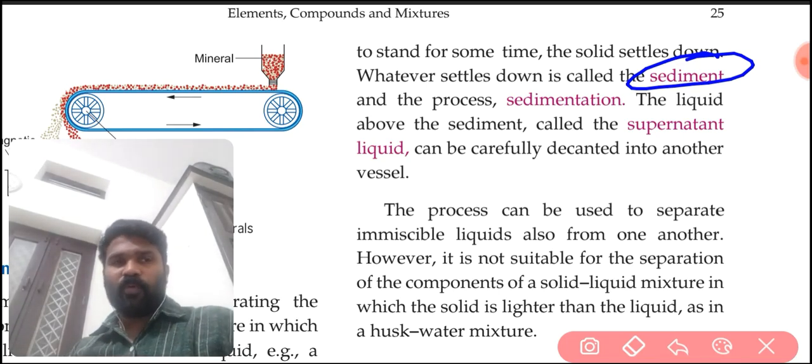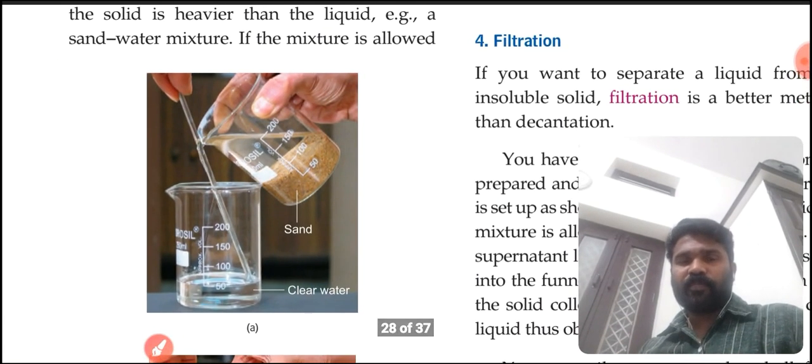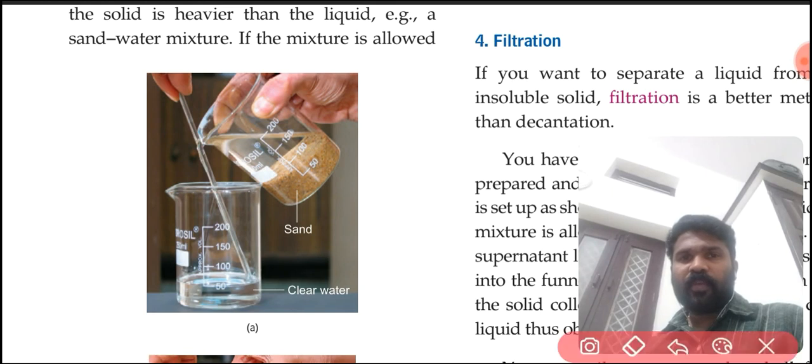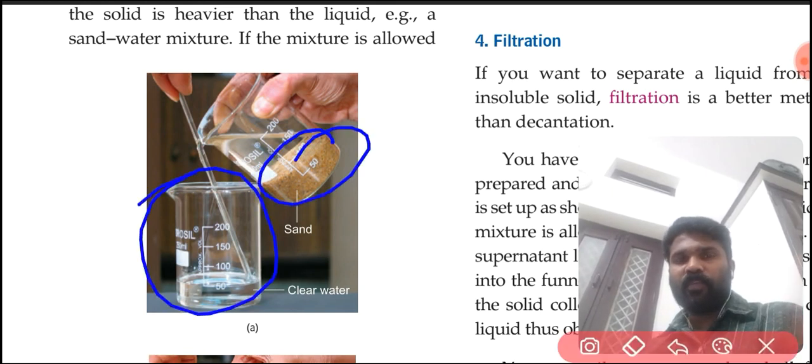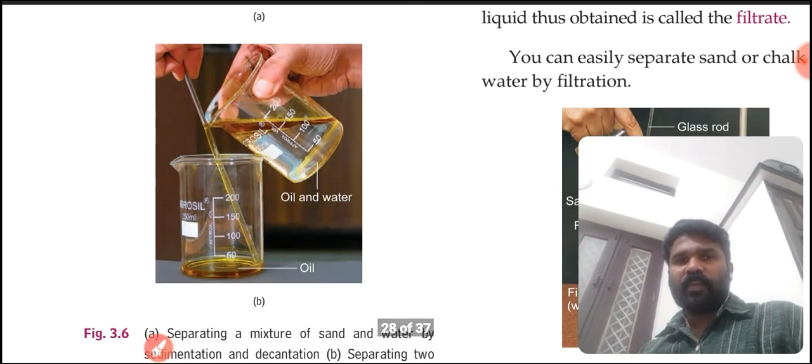Later, you have to do the process like this. Clear? Just pour the water along the glass rod. Then slowly the water will be collected in the second beaker, and the sand will remain in the first beaker itself.